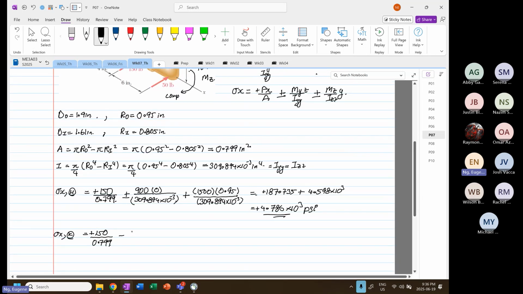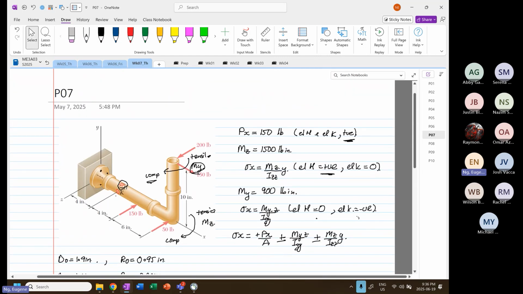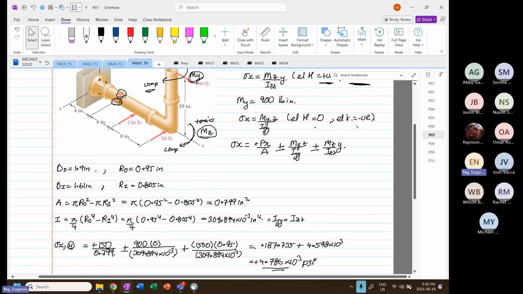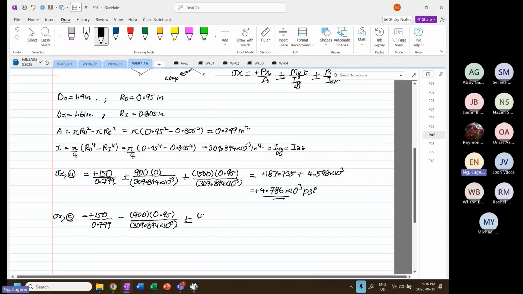So minus 900 multiplied by 0.95 divided by 309.894 times 10 to the power minus 3. The next one does not matter because mz for element K is equal to 0, right? So mz is this moment over here, and over here at the centroid, K is equal to 0. So it's equal to 1500 multiplied by 0 divided by 309.894 times 10 to the power minus 3.